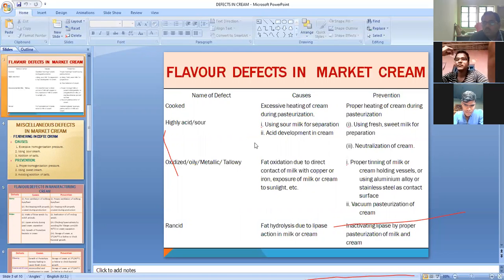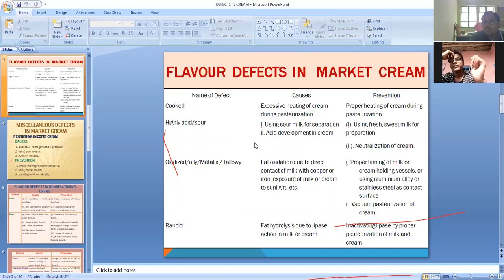Another is that you must use fresh cream, and the cream must be kept in such a condition that there are minimum chances of growth of lipolytic bacteria, or bacteria responsible for rancid flavor. So these are the flavor defects which may come into the cream, present in almost all table cream.